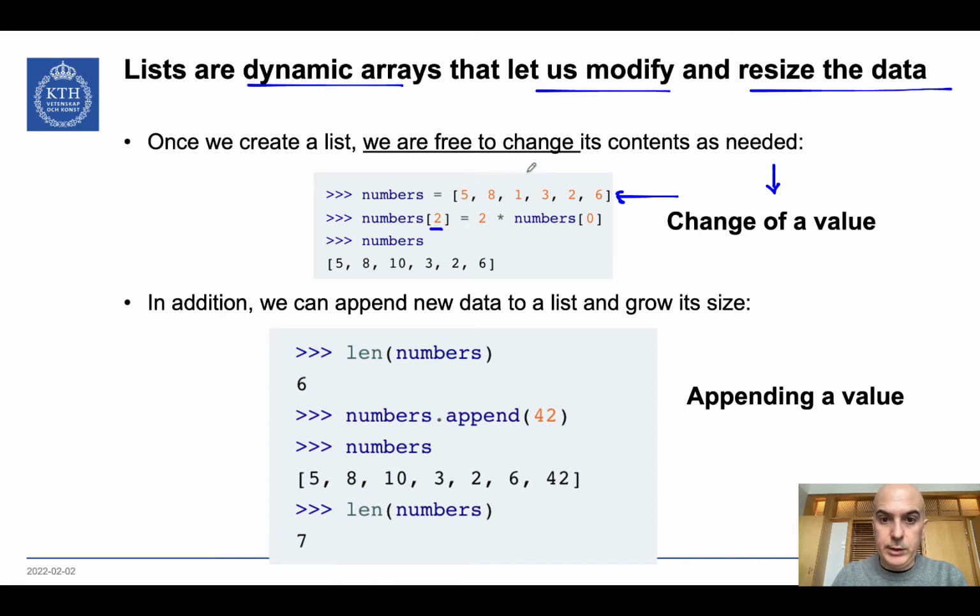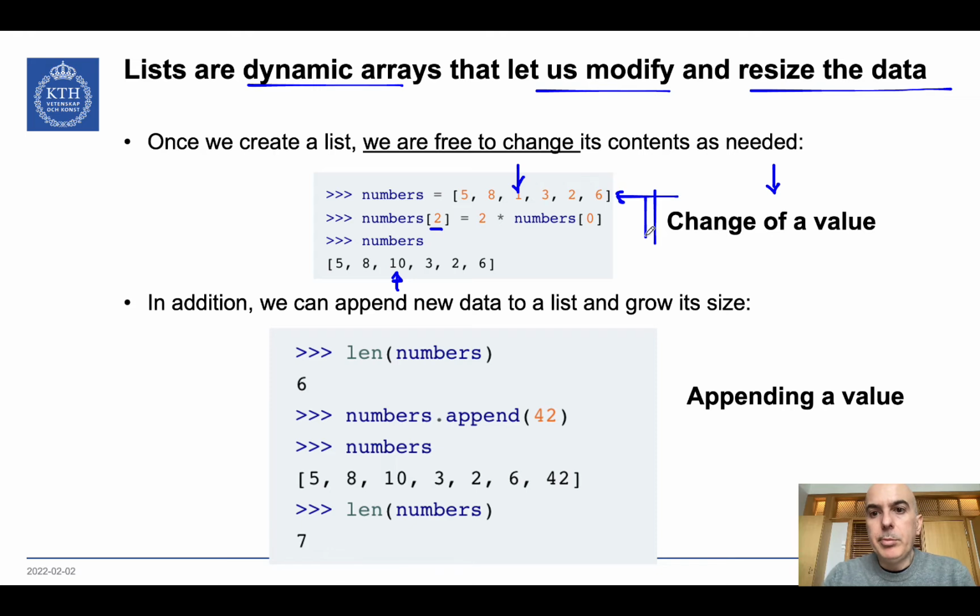So this is 0, 1, and 2. We're modifying this element and putting 2 multiplied by the element of the list with index 0, so it's 5, so this is going to become 10. This is very different from tuples. They are not going to allow us to modify the value. So the first characteristic of list is that we are allowed to change a value.